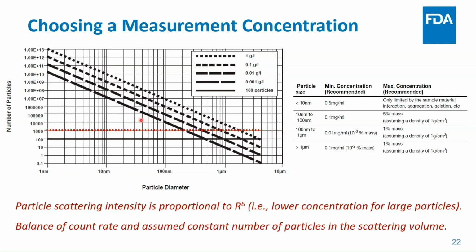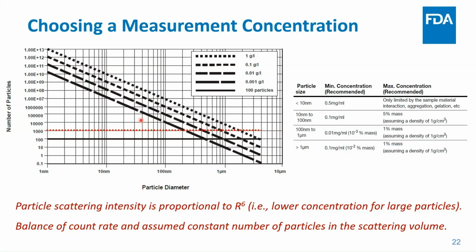So you can use this as a general way to think about what concentrations might be okay for the system. And so, right, it's a balance of the count rate. You want good enough count rate. In general, we say that 1.3 to 1.5 times the scattering intensity of the solvent. So you'll get some count rates just from the solvent itself, whether it's acetone or water.